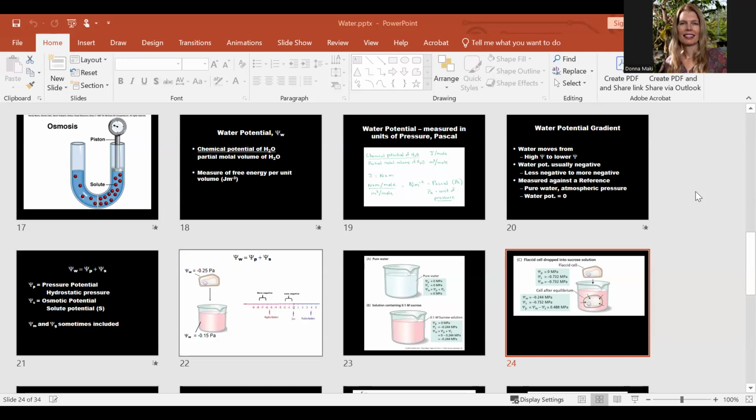And if you plug that into this equation, it definitely will impact your psi sub p and give you a negative psi sub p. Well, negative psi sub p, now you're talking about tension. Negative pressure equals tension. So we're looking at a tension force on that column of water in the xylem.